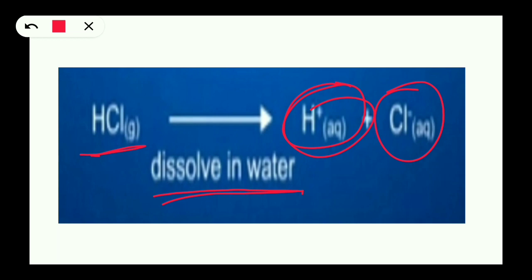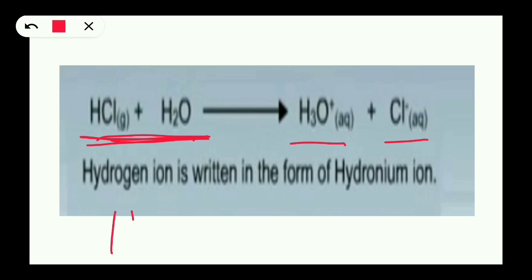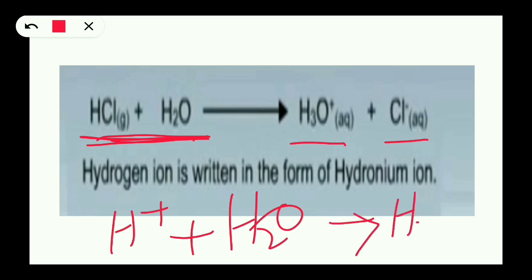Understood children? Actually this hydrogen chloride gas, when dissolved in water, splits up into H3O plus ion and Cl minus ion. How is it happening children? Immediately after you drop HCl in water, it splits into H plus and this H plus reacts with the H2O molecule, the water molecule, and it forms hydronium ion.